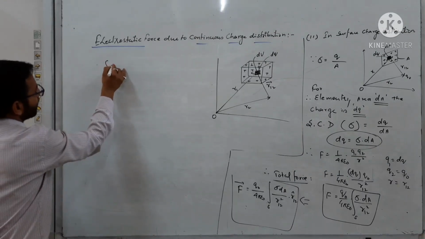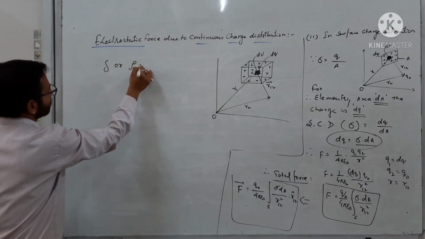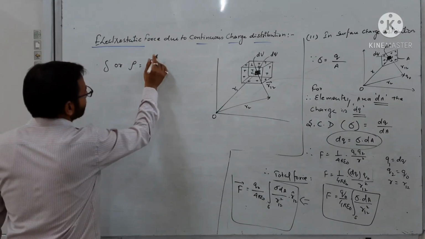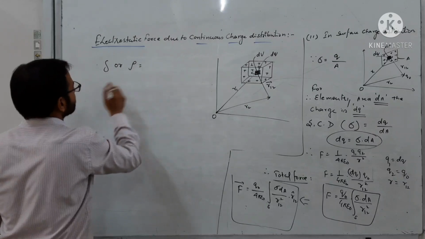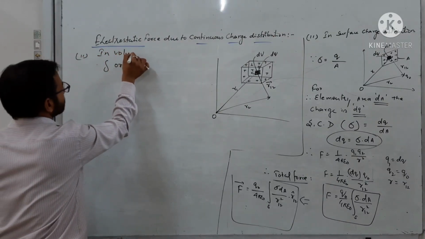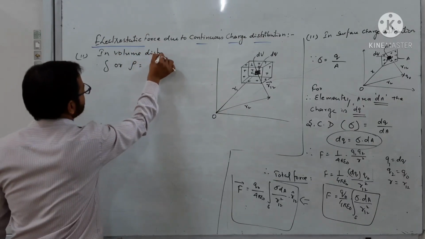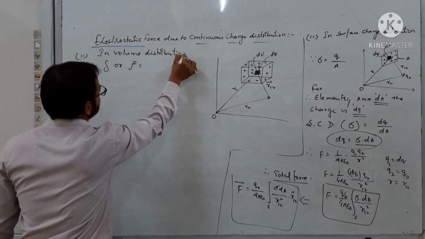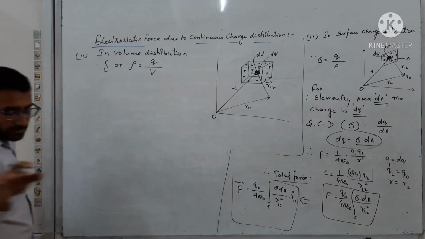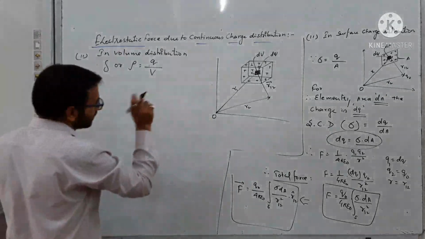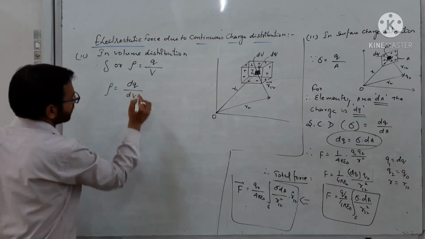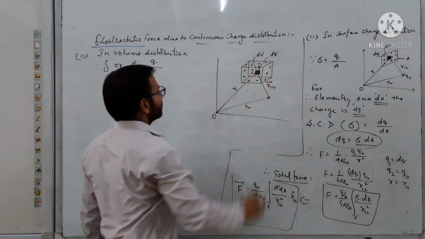As we know, you can use the rho symbol for the volume distribution of charge. Now rho is equal to Q upon V. This is the general formula, but here we are talking about the elementary volume, so it will be dq upon dV as shown in the figure.